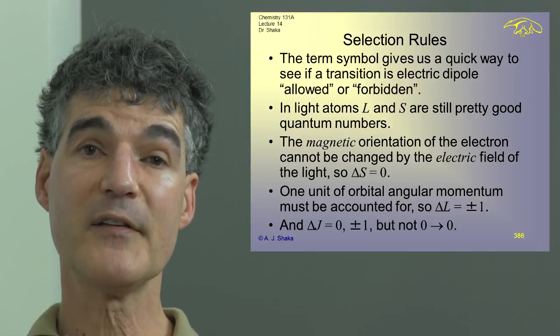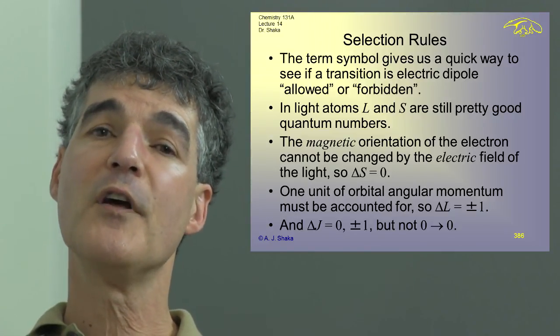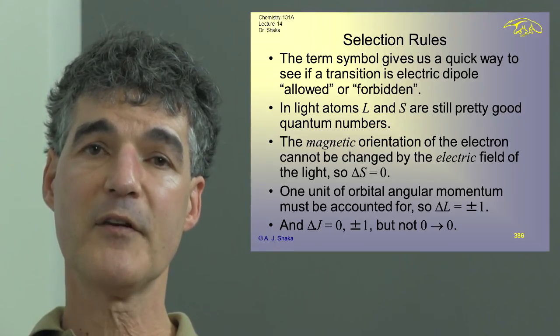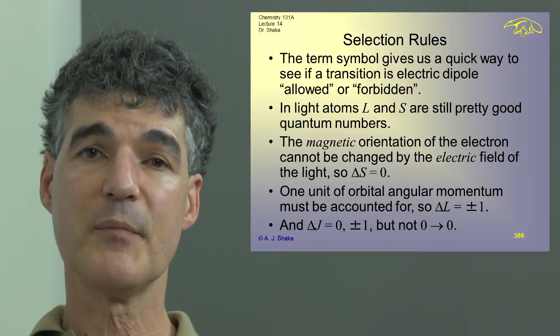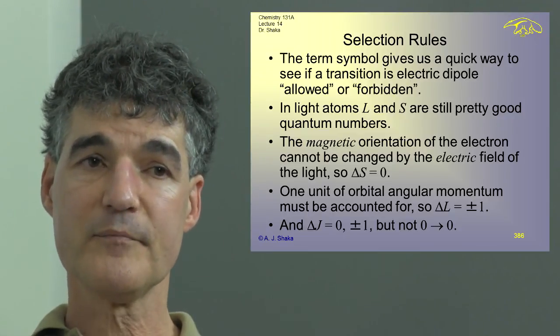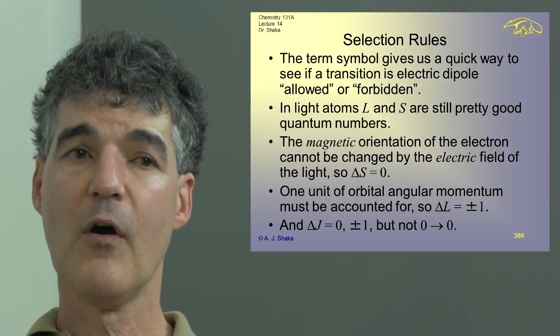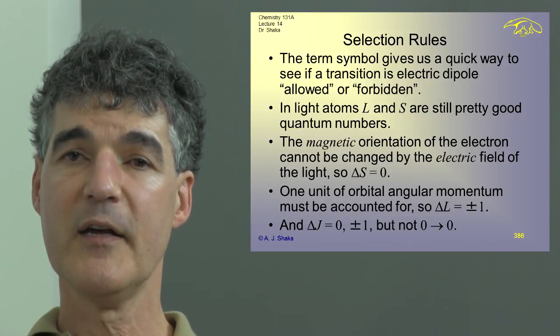So delta S has to be 0. And because the photon has 1 unit of angular momentum, delta L has to be plus or minus 1. And putting those together, we can get that delta J is 0 or plus or minus 1.